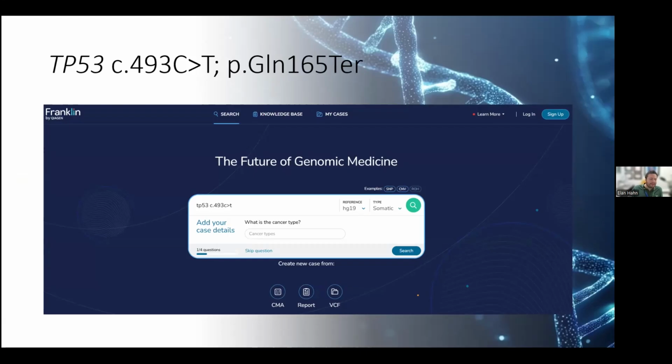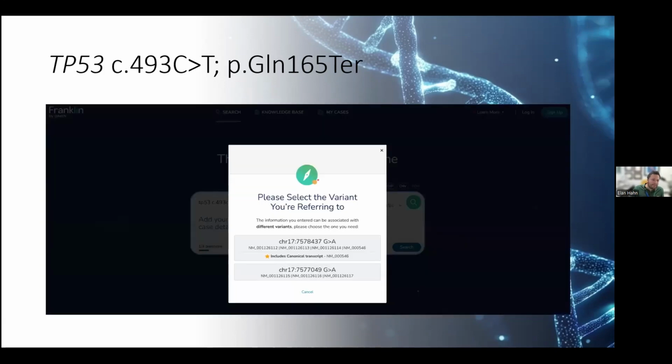So I put the variant up top. So you just type in either the codon change or the amino acid change. Then it prompts, are you referring to this genomic coordinate change or this other genomic coordinate change? And it gives you a bunch of variant IDs, a bunch of transcript IDs.